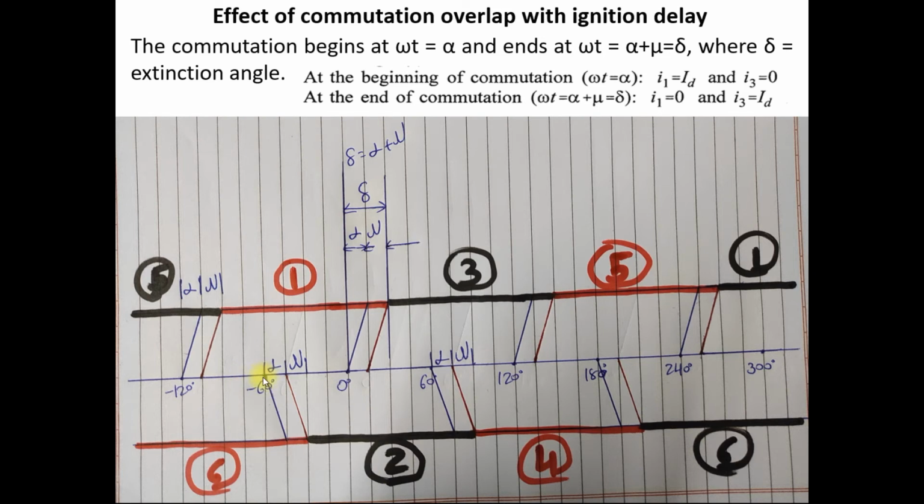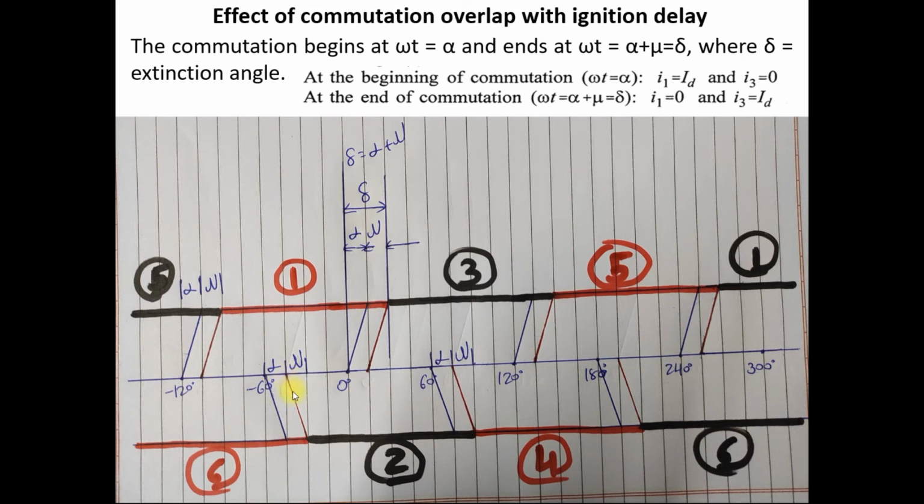So alpha starts from here and ends here. After the end of this alpha, the commutation period starts. During this commutation period, valve number 2 starts conduction and valve number 6 starts to commutate, or start to turn off.